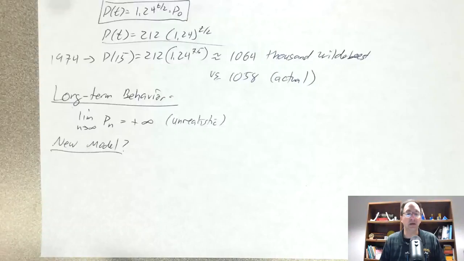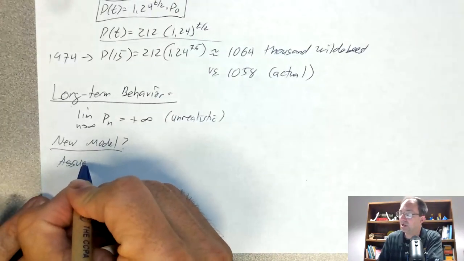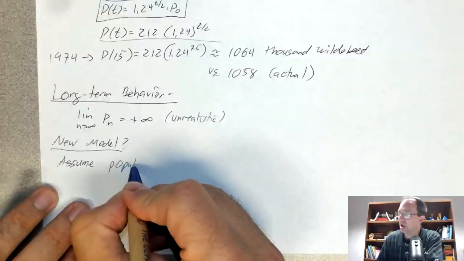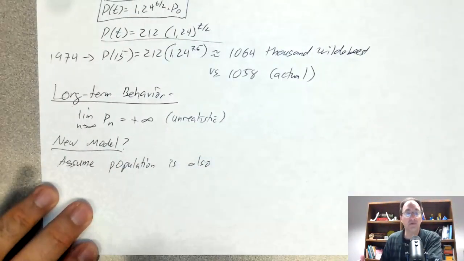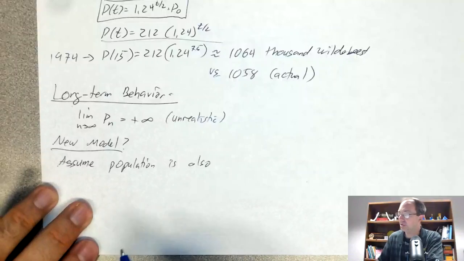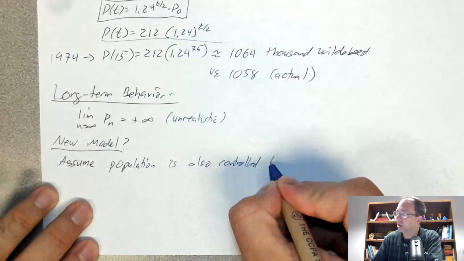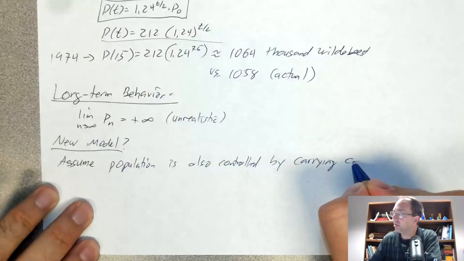So in this case, let's try a new assumption that doesn't lead to an exponential fit. Our new assumption is that population is also controlled by something called a carrying capacity.